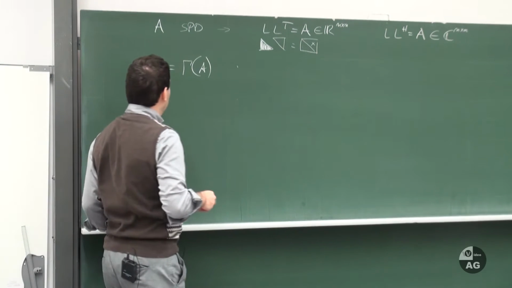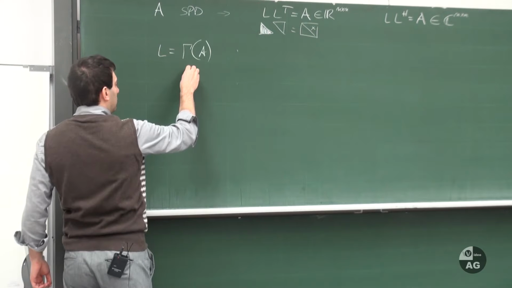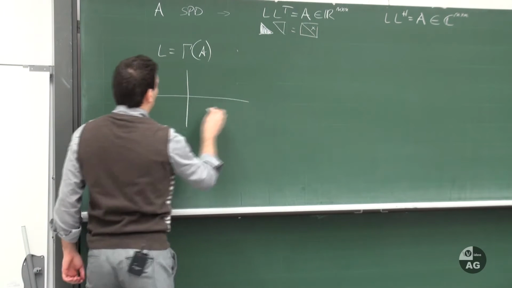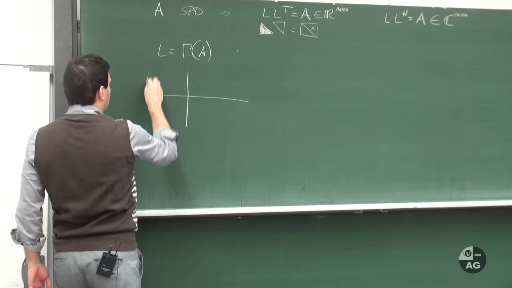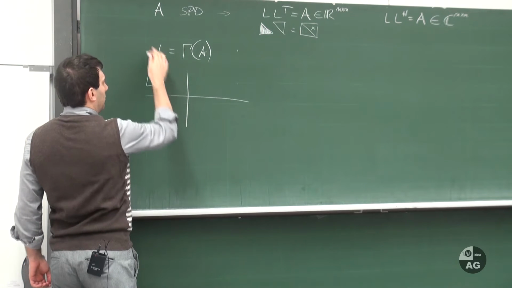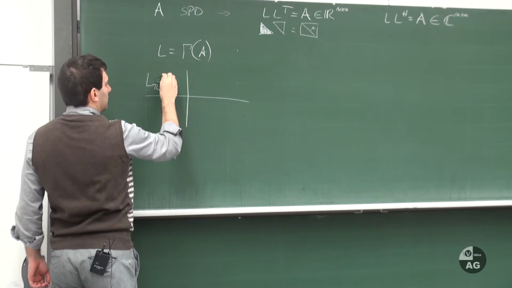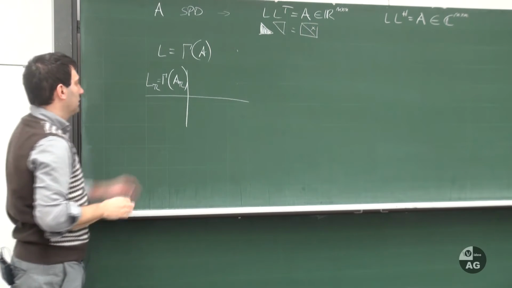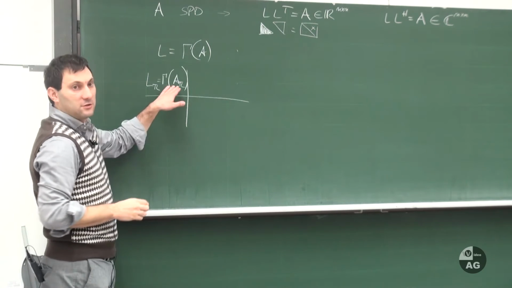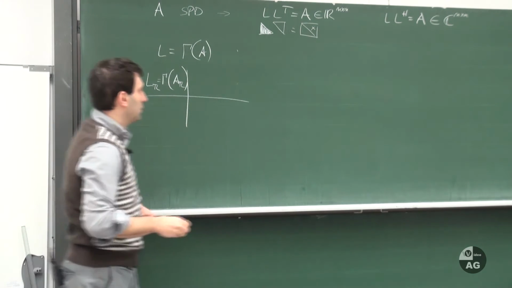We went forward to see what the Cholesky factor looks like. We identified that the top left part of the Cholesky factor is the solution of another Cholesky factorization, in fact a very special one.